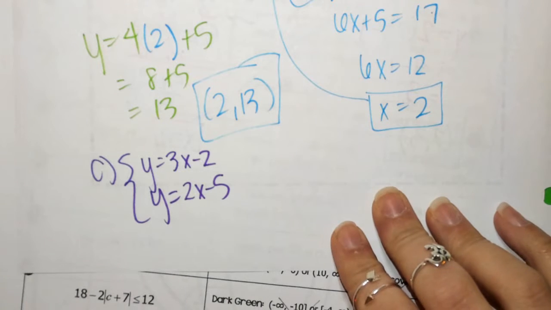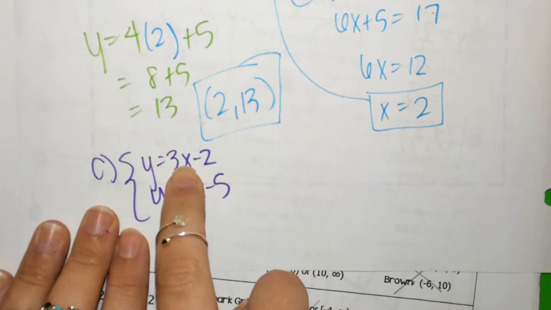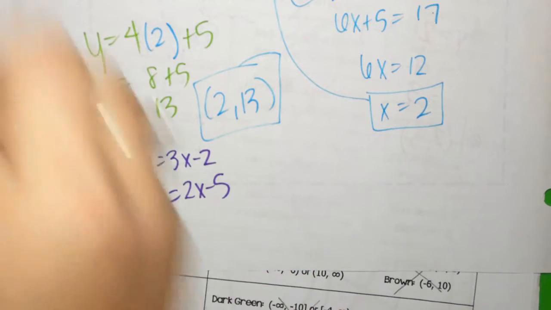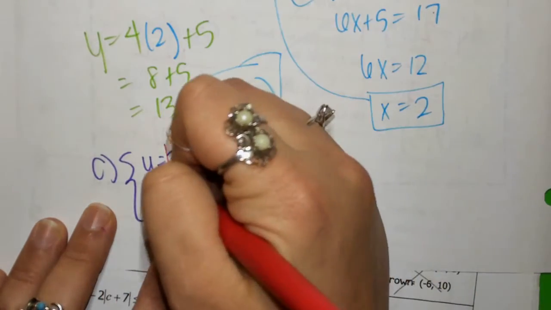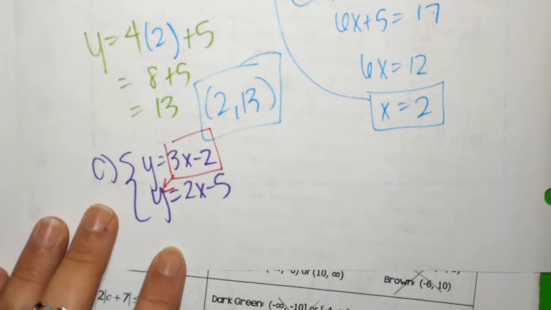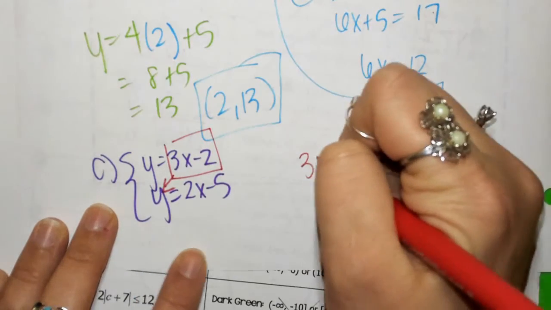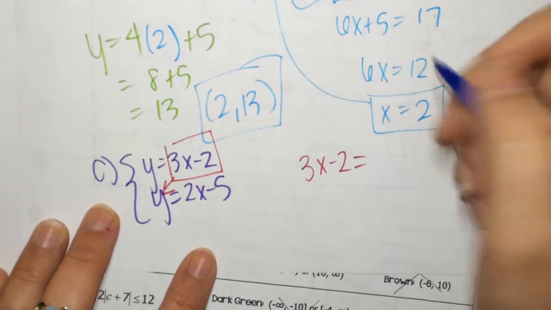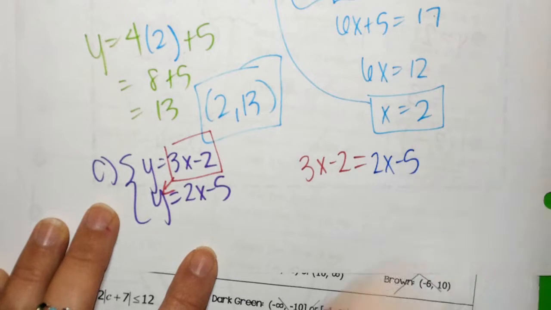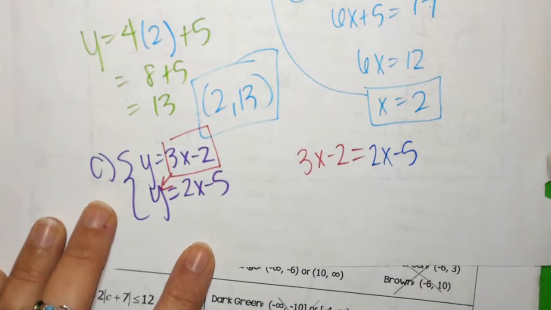Could we take this and plug it in right here? Yes. So we're going to take this guy, 3x minus 2, and we're going to plug it in for y. And that's going to say 3x minus 2 equals 2x minus 5. Now solve it from there.